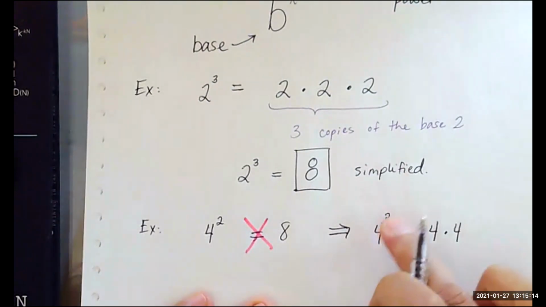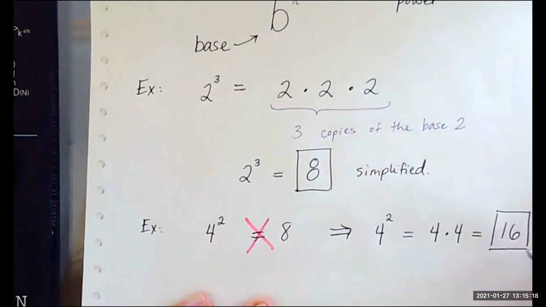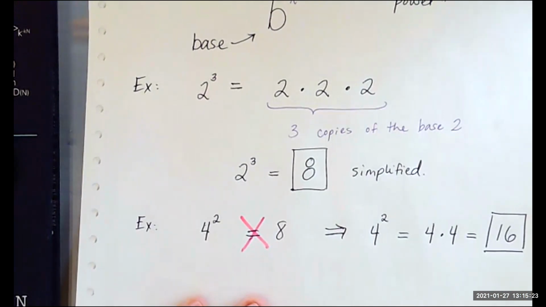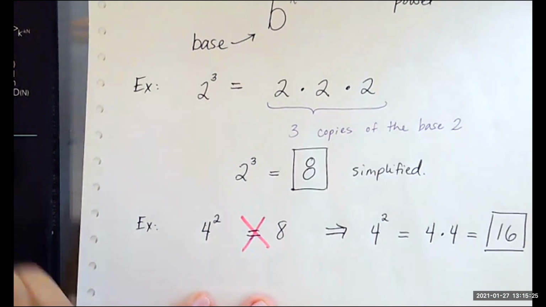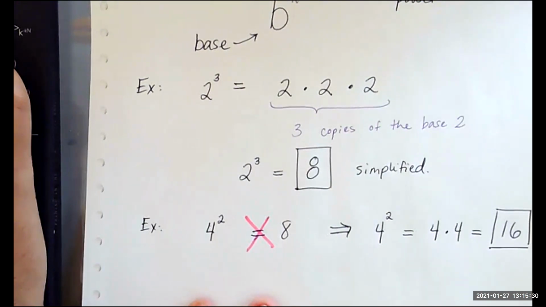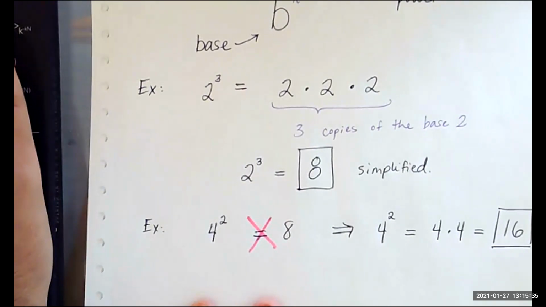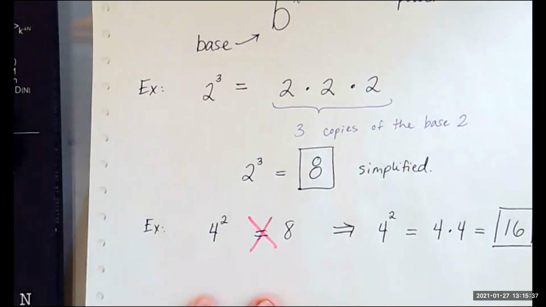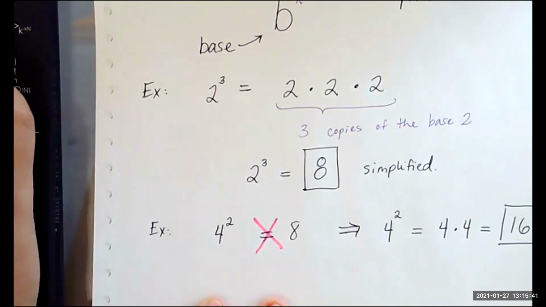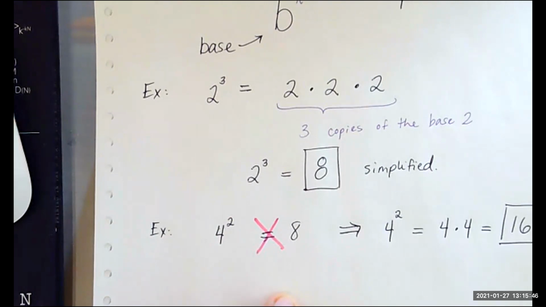So 4 squared, or 4 to the second power, is equal to 16. Does anybody have any questions there?